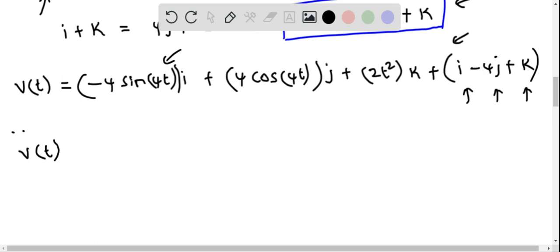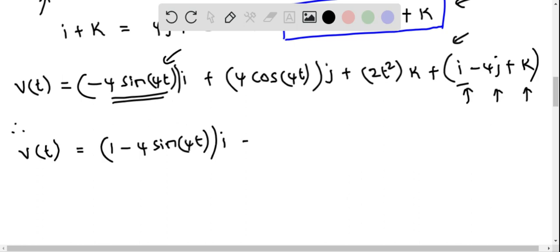So v of t equals negative 4 sine 4t plus the i component here is 1, the coefficient is 1. So we can write this as 1 minus 4 sine 4t. This is the complete i component.